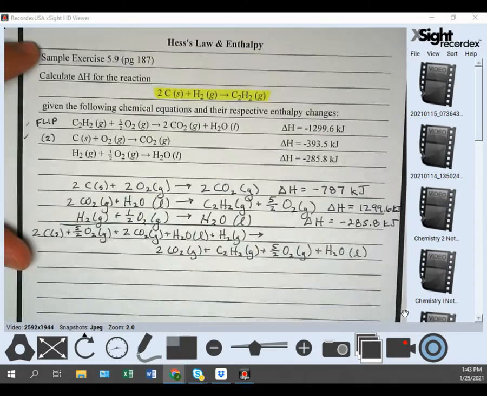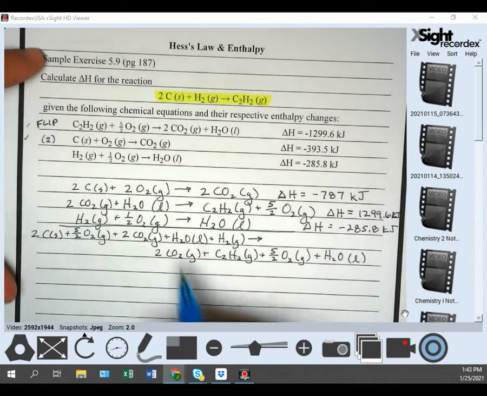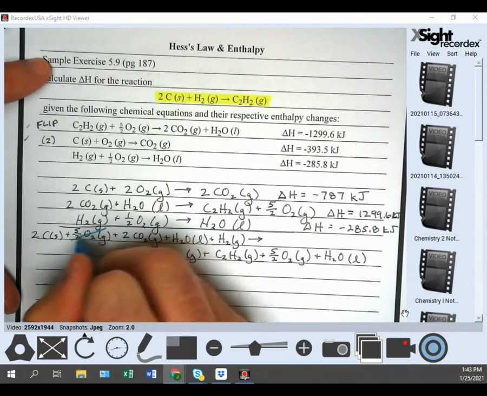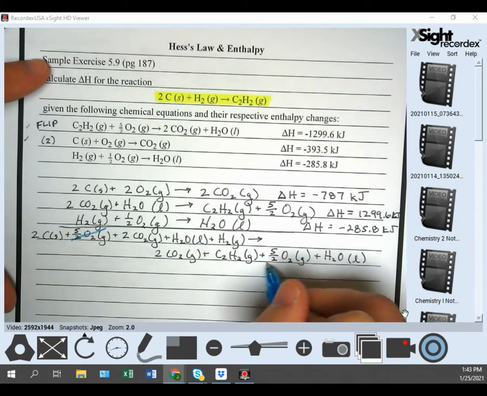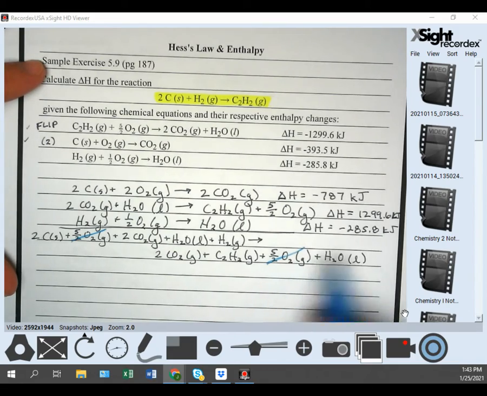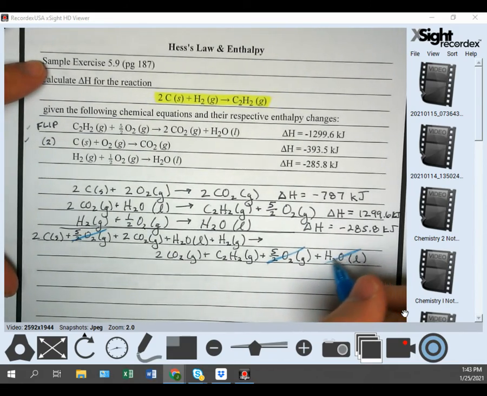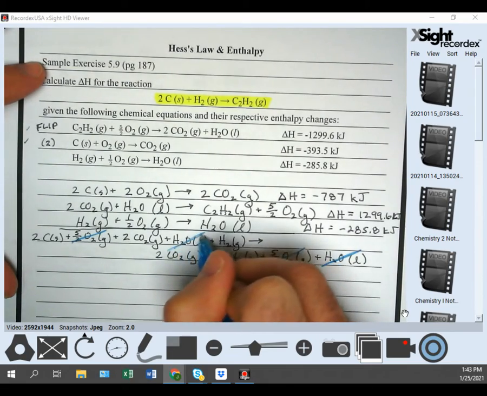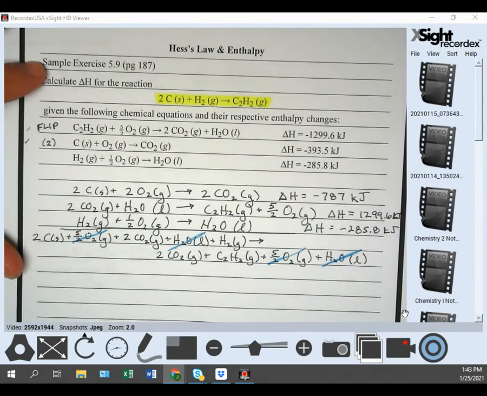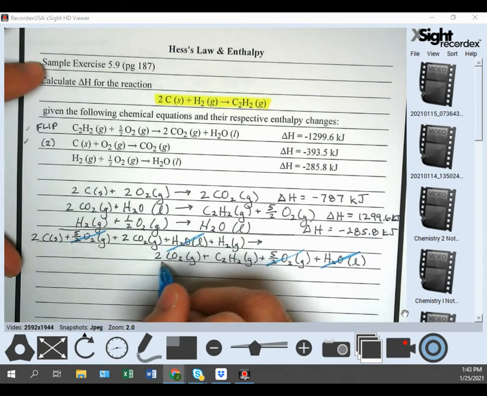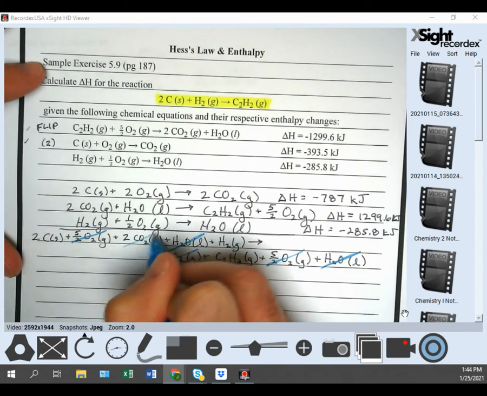Okay, now I'm going to cancel anything that is the same on both sides. So my 5/2 O2 on both sides cancel each other. My H2O liquid. Now, remember, when you're looking at canceling and stuff like that, they have to be exactly the same, including the states of matter. Okay? And my 2 CO2s also will cancel out.